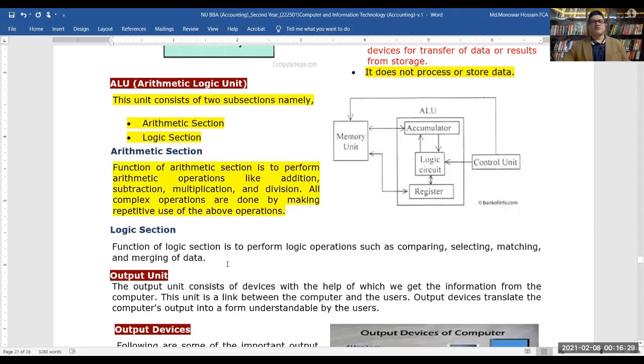The function of the arithmetic section is to perform arithmetic operations like addition, subtraction, multiplication, and division. All complex operations are done by making repetitive use of the above operations. The function of the logic section is to perform logic operations such as comparing, selecting, matching, and merging of data.